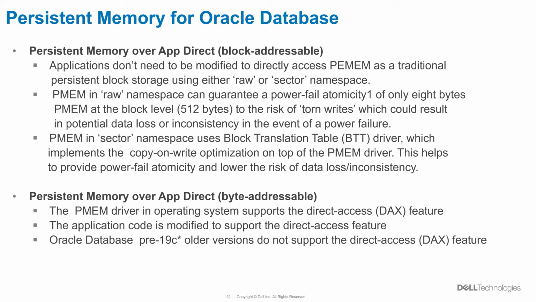When you use a block device, the application thinks it reads by block, but if your system goes down, the application thinks it can recover a whole block, while PMem itself can only recover 8 bytes. The application thinks it can recover the entire 512-byte block, so you end up losing 512 minus 8.